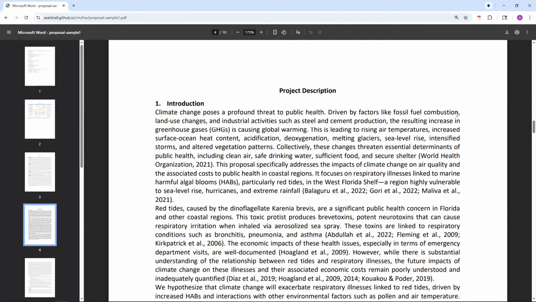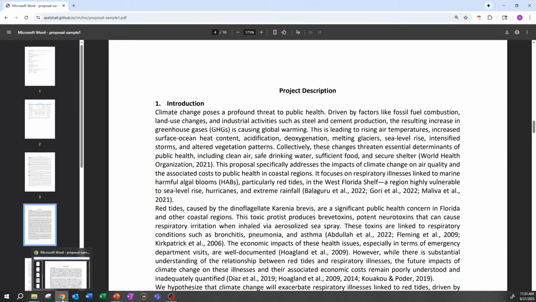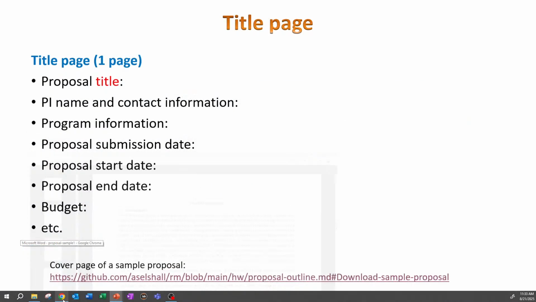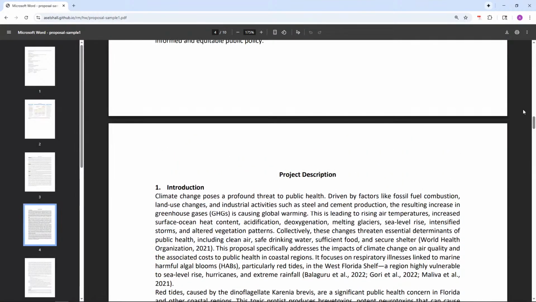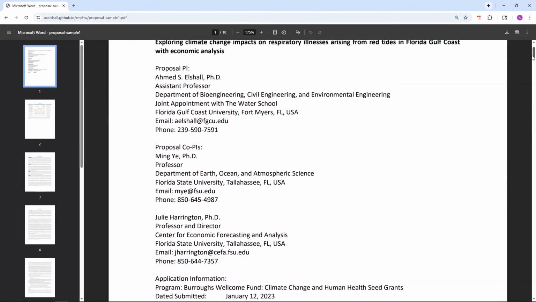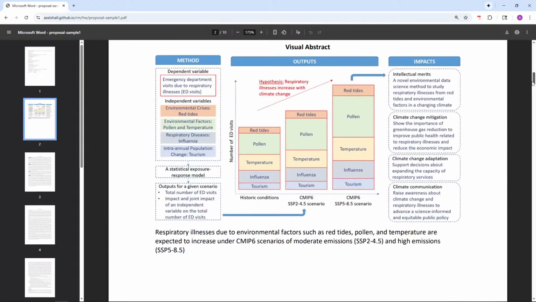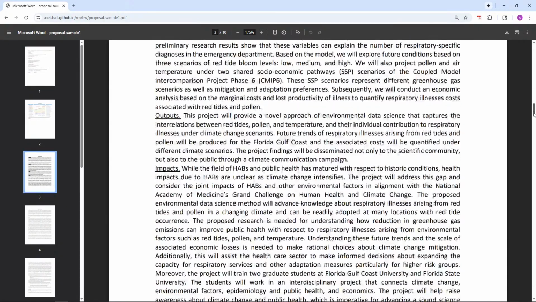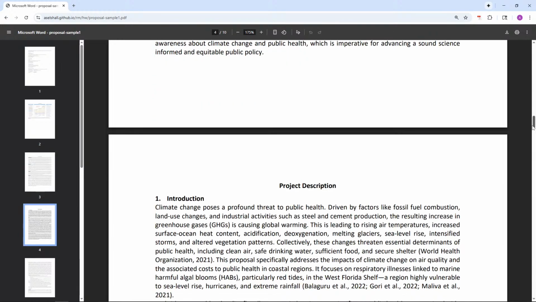So we give you this format, and we expect you to follow this format and this rubric, and also this rubric and this format represent good practice, yeah.